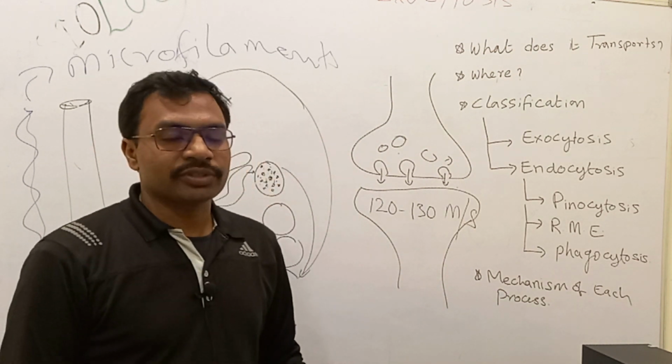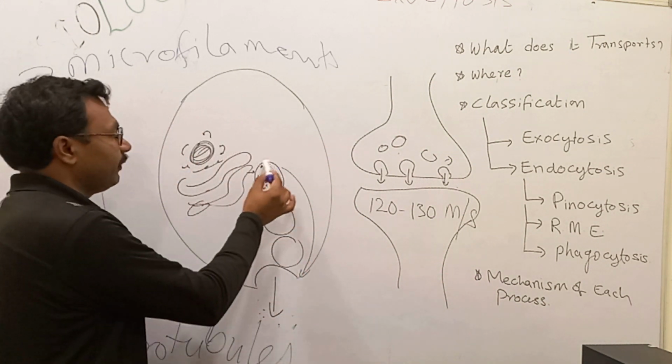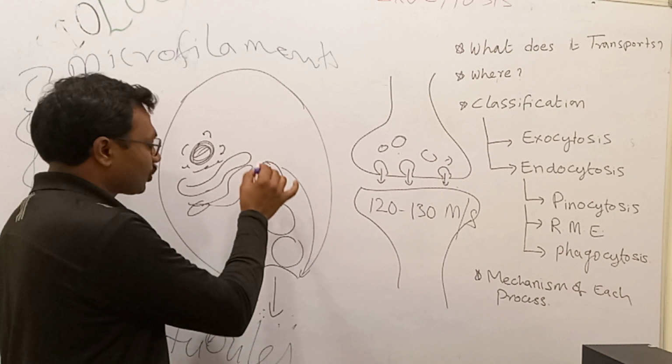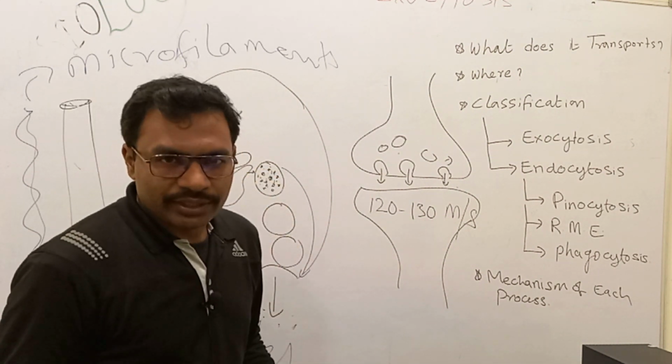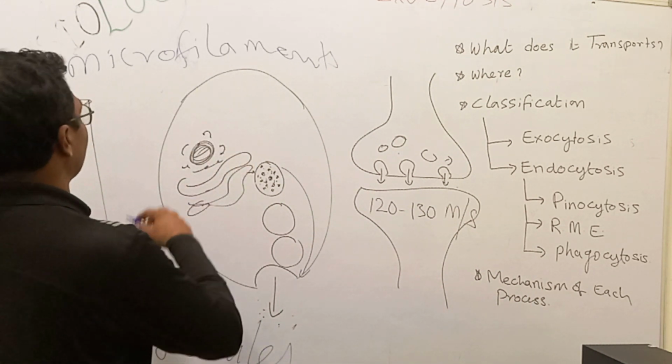How does it transport? Exactly before starting its journey, any vesicle, it is pre-decided where it has to reach by certain physiological processes. And there are three families of molecular motors.